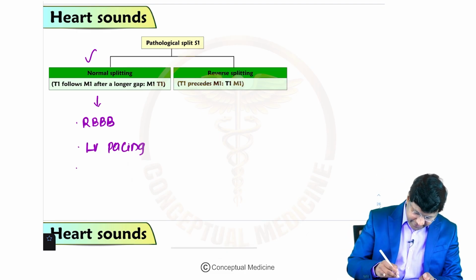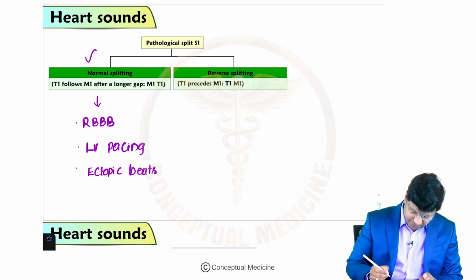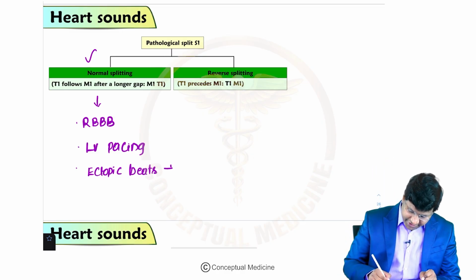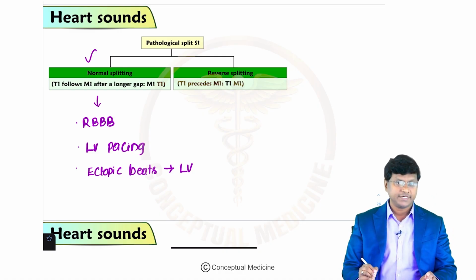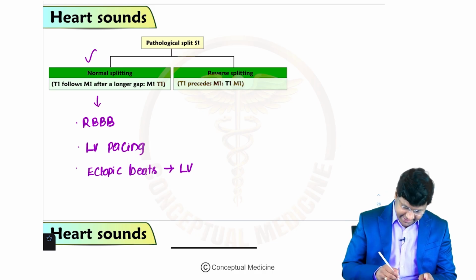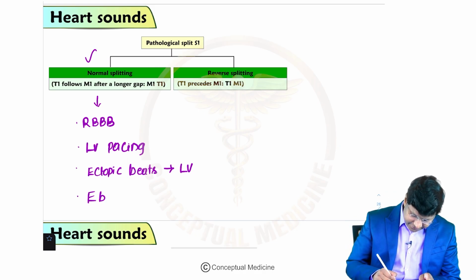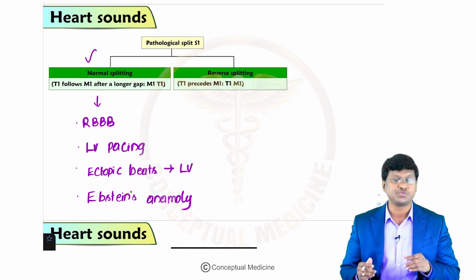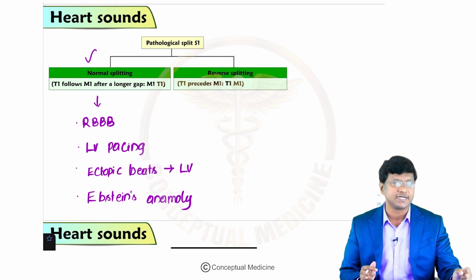Then ectopic beats and idioventricular rhythm originating from the left ventricle. And then Epstein's anomaly. Okay, so these are the conditions where you have the pathological splitting of the first heart sound.